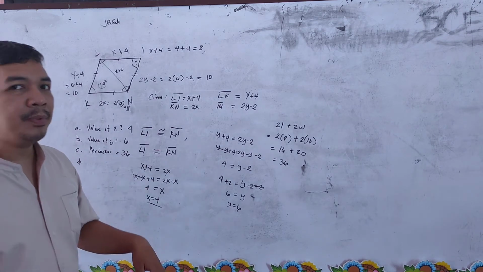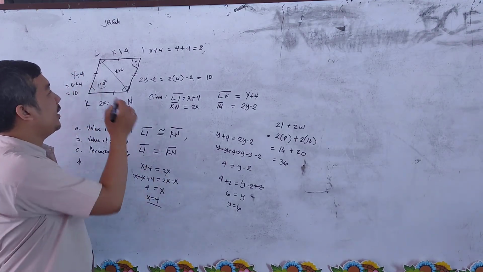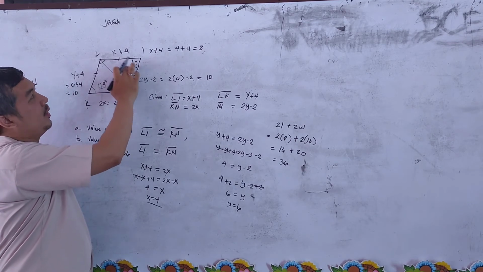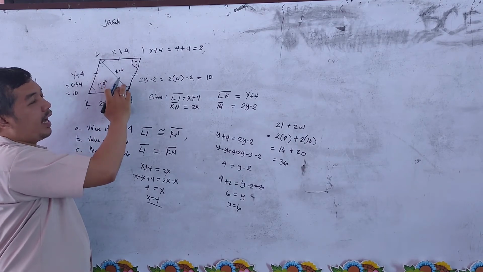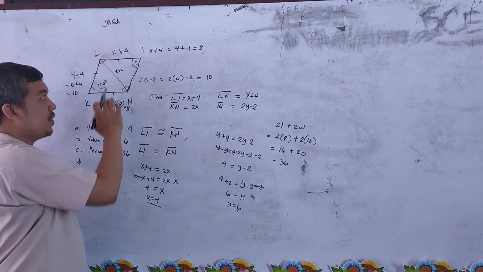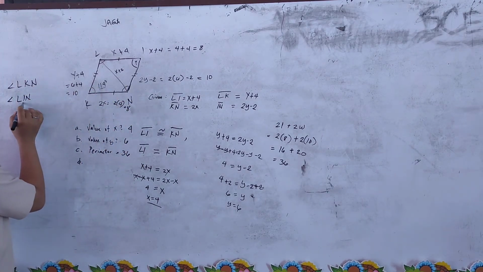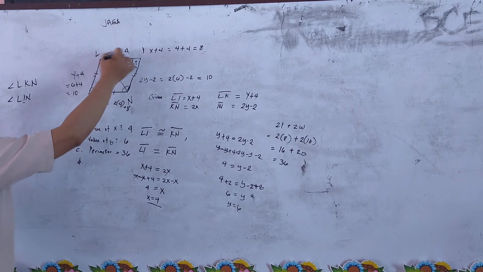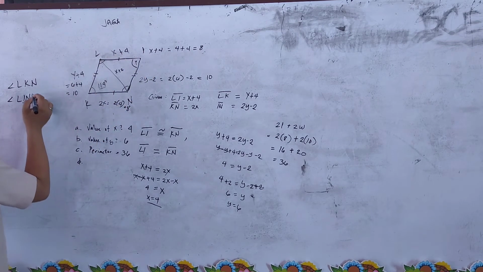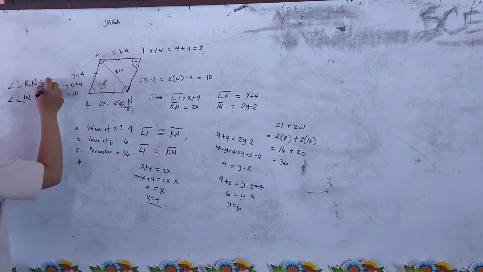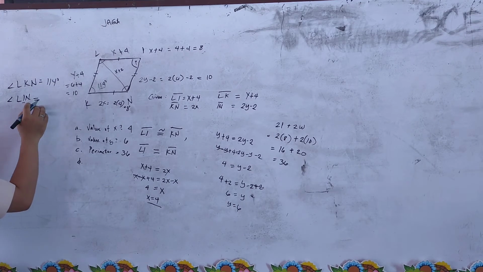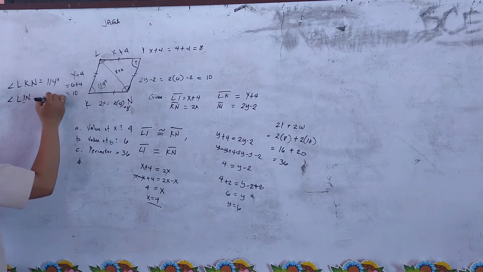So, doon sa property na yon, malalaman natin na yung katapat na angle ay equal. Yung katabing angle ay supplementary. So, kung ang hinahanap ay angle LIN, ibig sabihin, ito yung gitna ay LIN. So, ito yon. So, if this is 114, this one is 114 also.